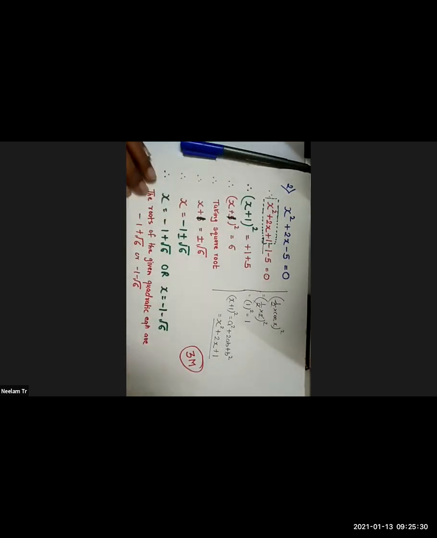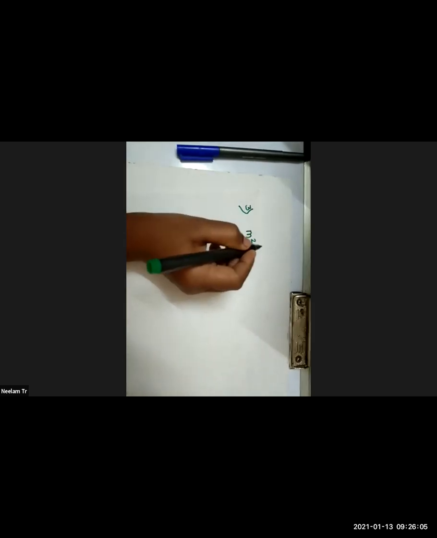Okay. Let's move to example number 3. Example number 3, that is m square minus 5m is equal to minus 3.